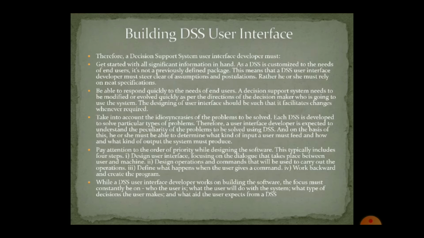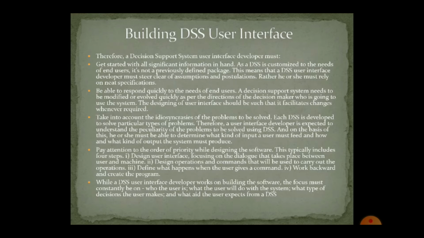Pay attention to the order of priority while designing the software. This typically includes: first, design the user interface focusing on the dialogue that takes place between user and machine. Second, design operations and commands that will be used to carry out the operation.